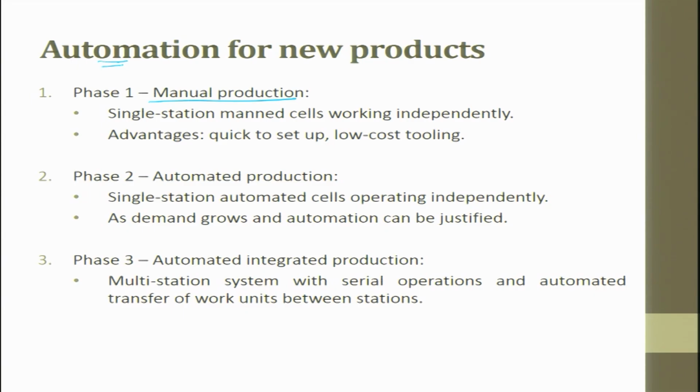Before going into the next slide, I would just like to give you a small example. When do you think of automation? If upfront you can't think of going for automation, first you have to do a trial run of the entire sequence of operations in producing a part or a product. So, you will do it manually. The moment you do it manually, you understand what the difficulties are and what the cycle times are for individual events in producing the entire part.